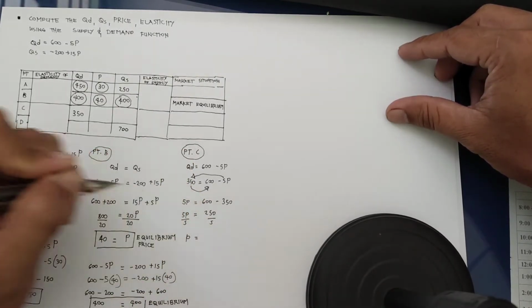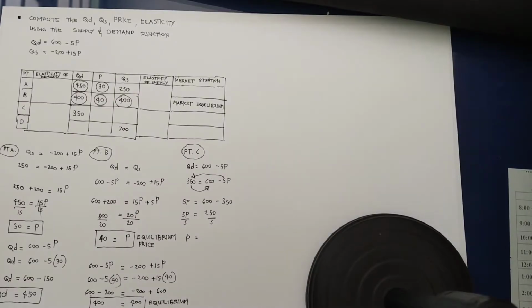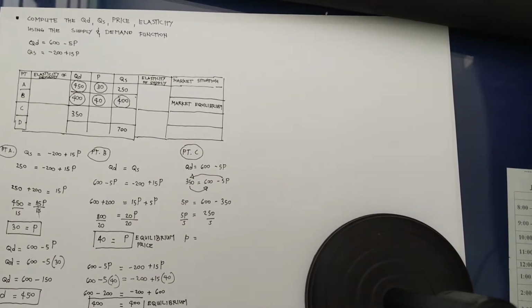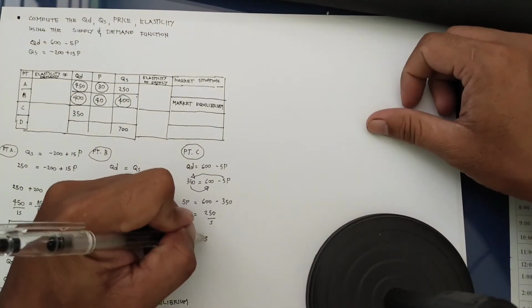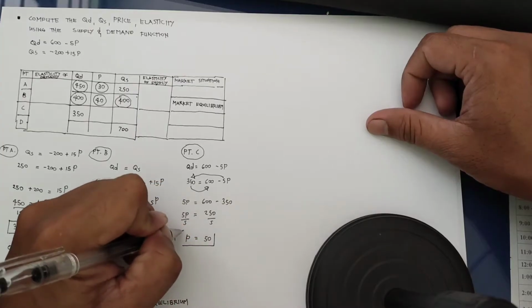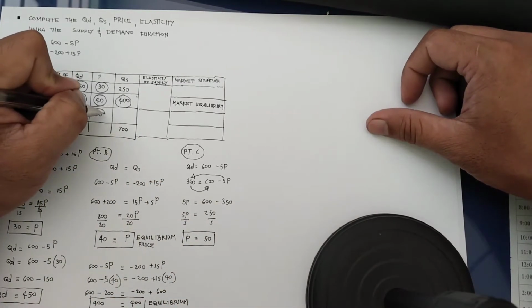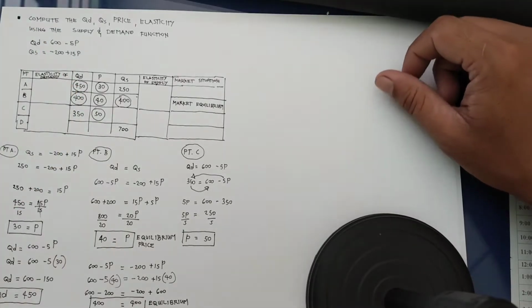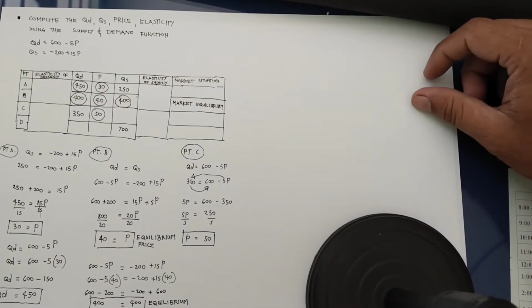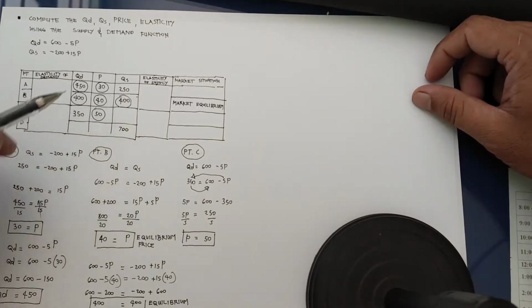So 250 divided by 5, that would be equals to 50. So price is equals to 50.